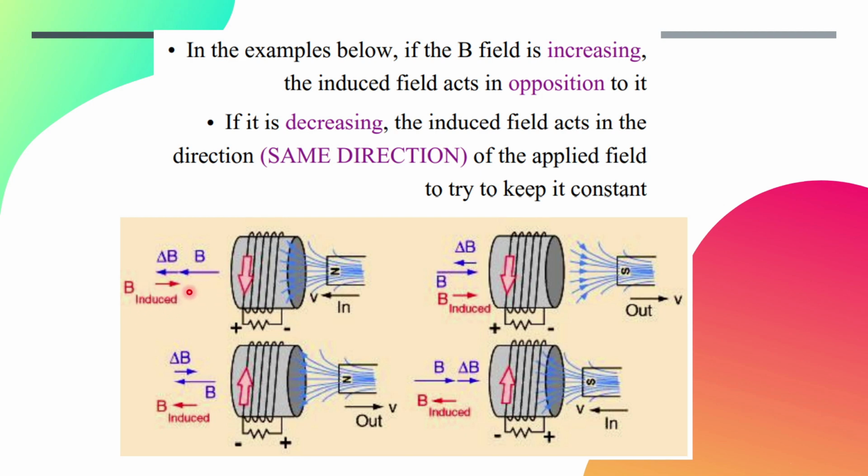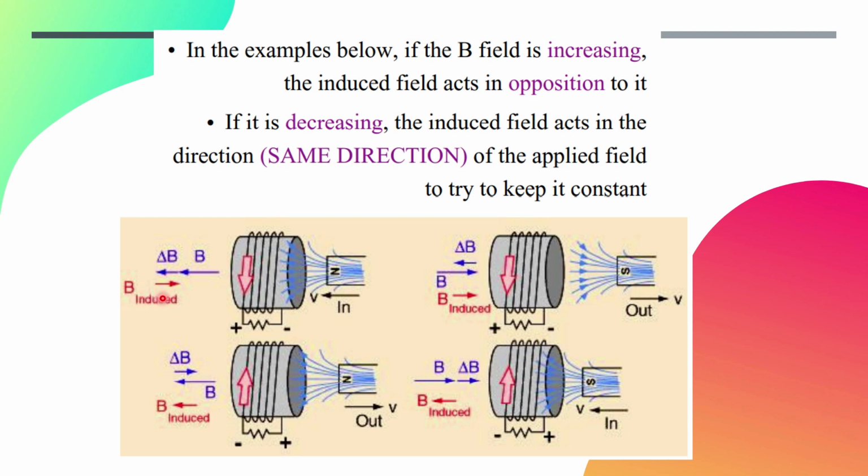So, in order to oppose the direction of the magnetic field from the bar magnet, look here, the direction of the magnetic field is to the left, because the north is here. So B is to the left. Magnetic field must come out from the north pole.